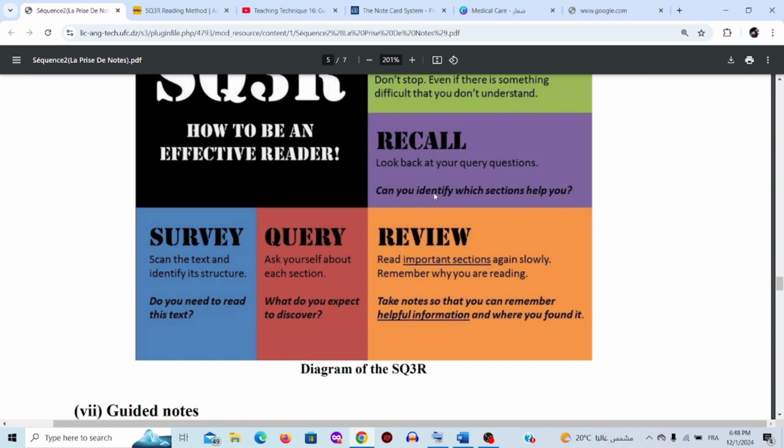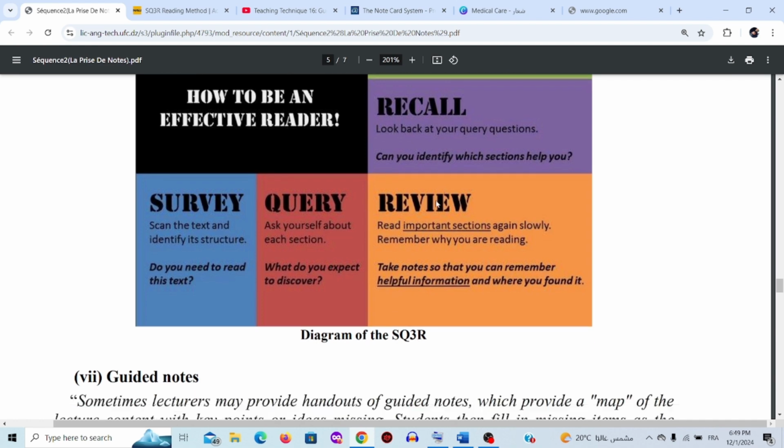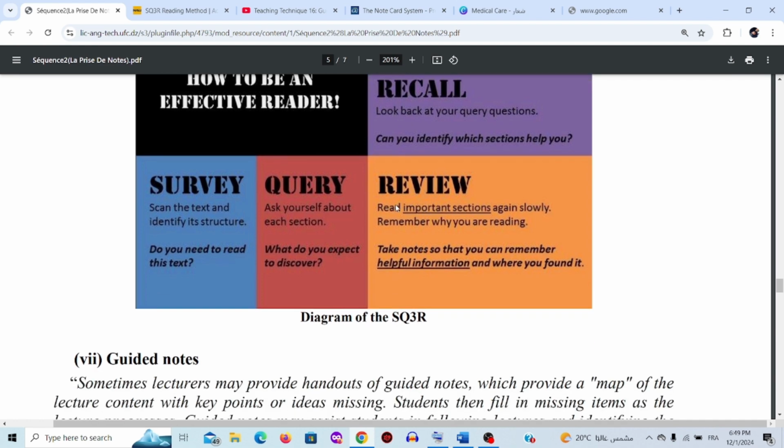You are going to look back at your query questions that you asked about each section. And you will ask yourself again, after reading, did I answer my questions or not? Can you identify which sections help you in understanding and answering your questions? And then you are going to review.